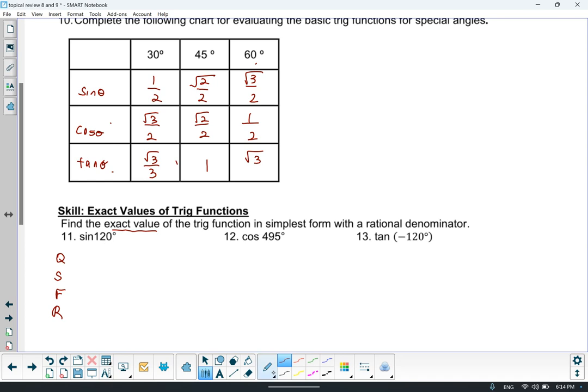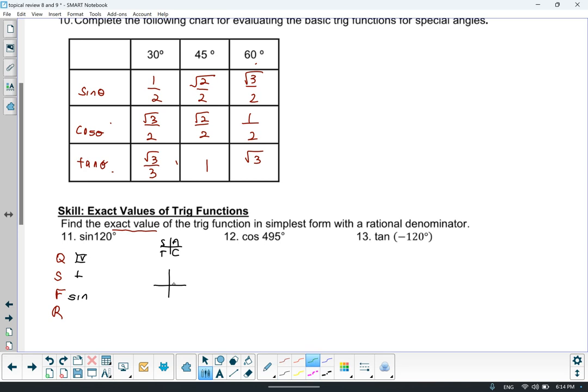So sine of 120 is in 2, so the angle lies in 2. And then you would go, all students take calculus. So when you're in quadrant 2, sine is positive. The function is sine. And how do you get your reference angle in 2?